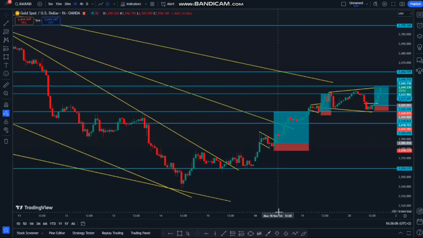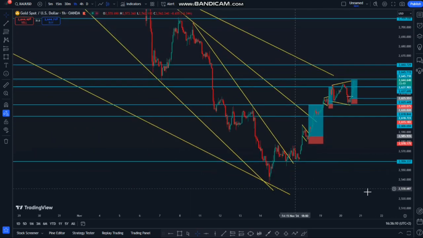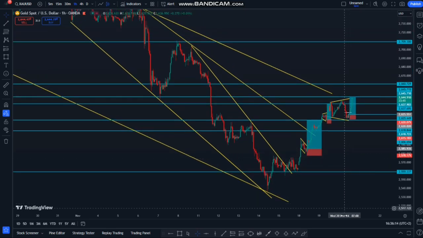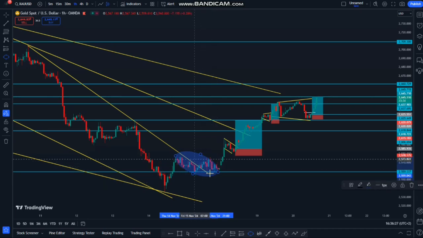Let's start with 1 hour time frame. Always remember, guys, you must wait for a correction. You can see we had an impulse, and then we had a correction here. I think this was on Friday, and then the market shot to the upside.